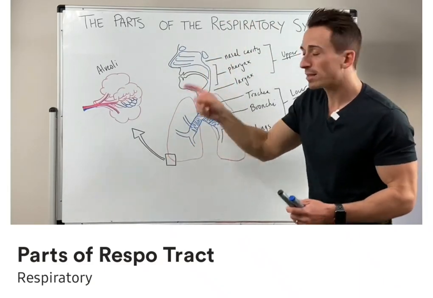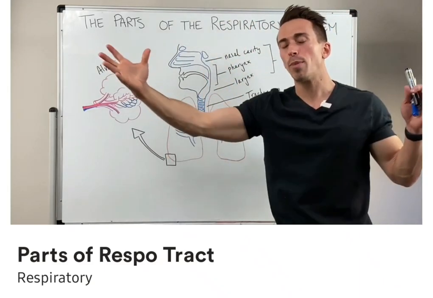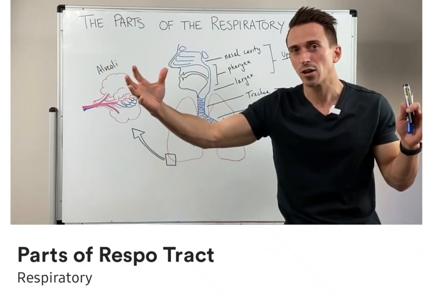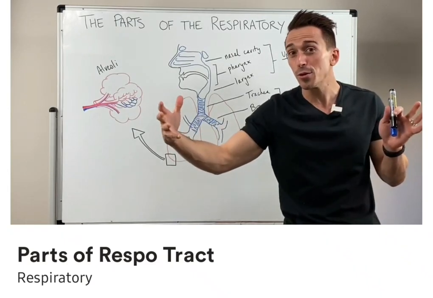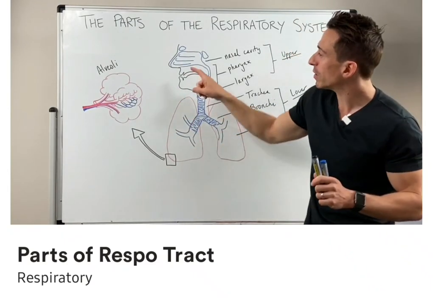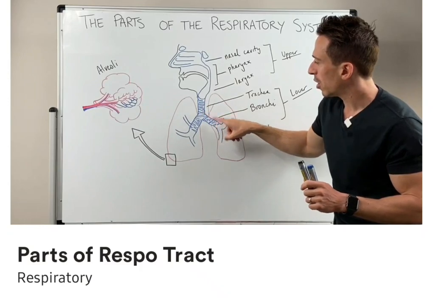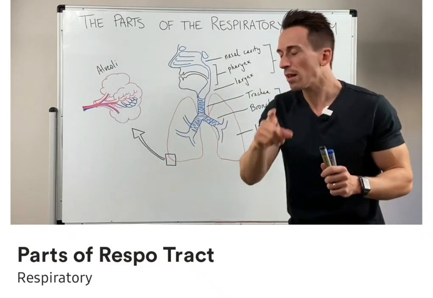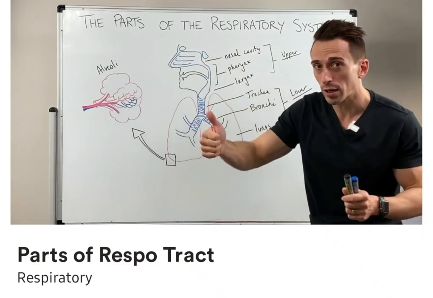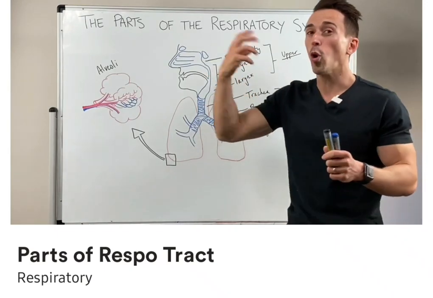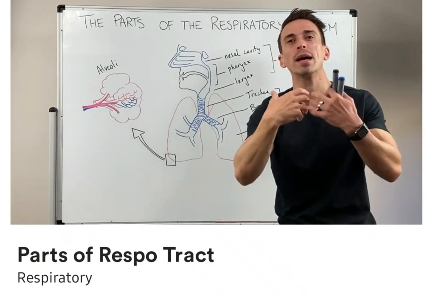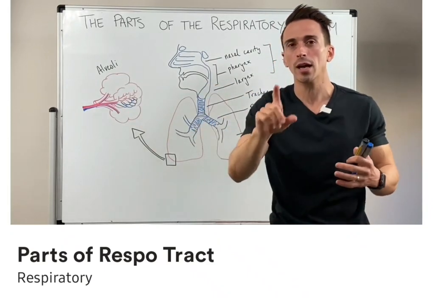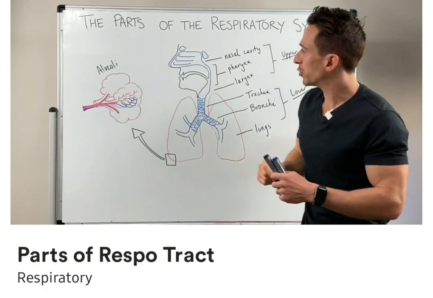Now what this does is it throws all the particulates that are in that gas, so it may be pathogens or pollutants or whatever it may be, and they stick to the mucus, which means we do not inspire any of these horrible things down into our lungs. The other thing is because there's a lot of mucus and blood vessels, it warms that air up and it humidifies that air, which is great because it makes gas exchange at the alveoli more beneficial.